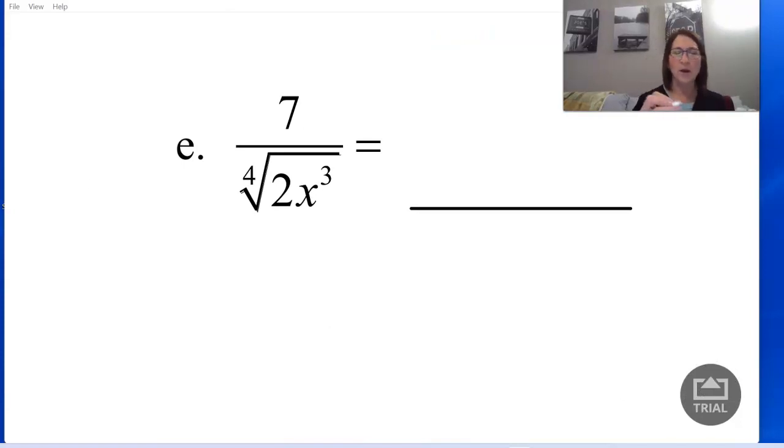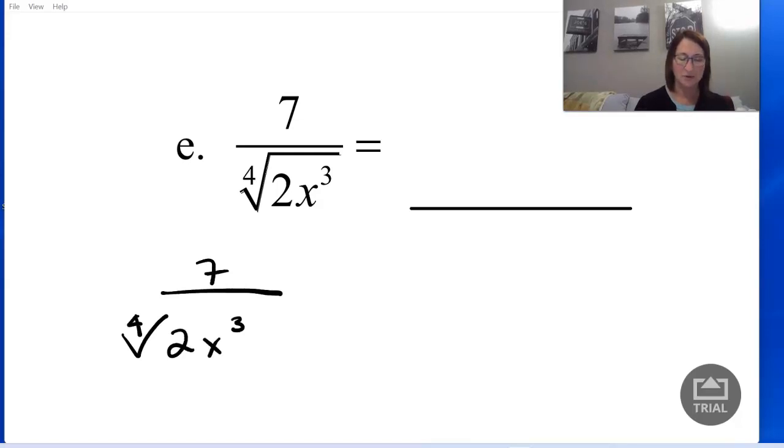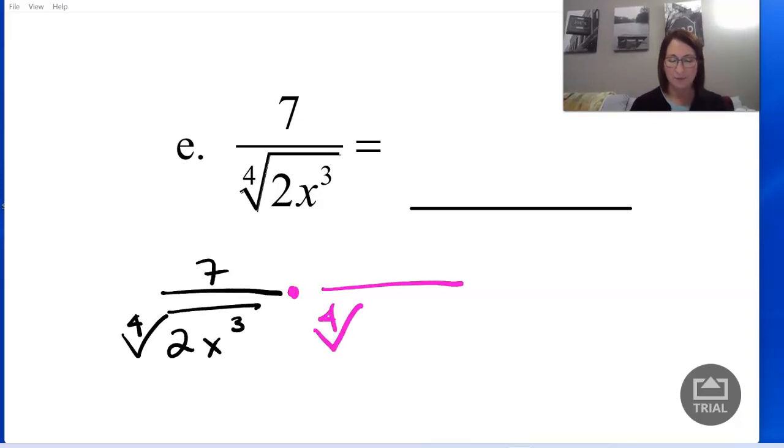So what do I see? I look at this. I've got 7 over the fourth root of 2x cubed. Okay, so I'm going to multiply by the fourth root. You've probably noticed, my indexes are always the same when I do this rationalization.